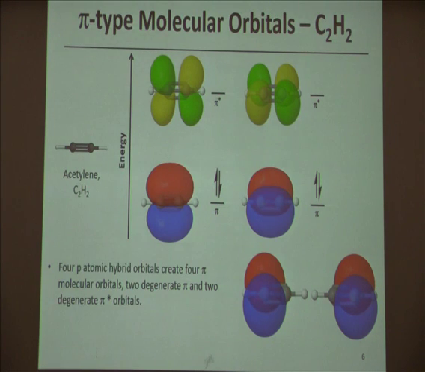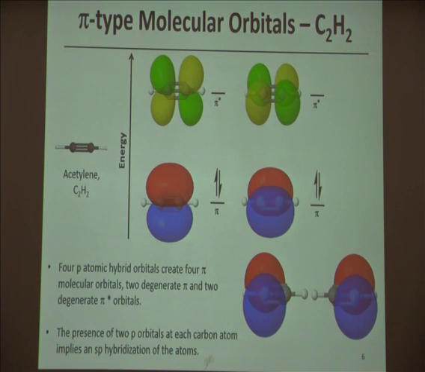Because the p orbitals themselves are equal energy at the carbon atom, we get 2 essentially equal energy, or degenerate, pi bonds. And the presence of both of the p orbitals at each carbon atom implies these are sp hybridized carbon atoms, which is what we expect for a molecule such as acetylene, where we have 2 pi bonds connecting the carbons, and each carbon is making an additional sigma bond to the carbon and to the hydrogen attached to it.